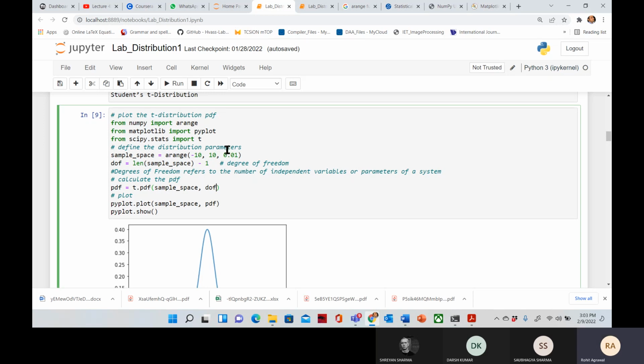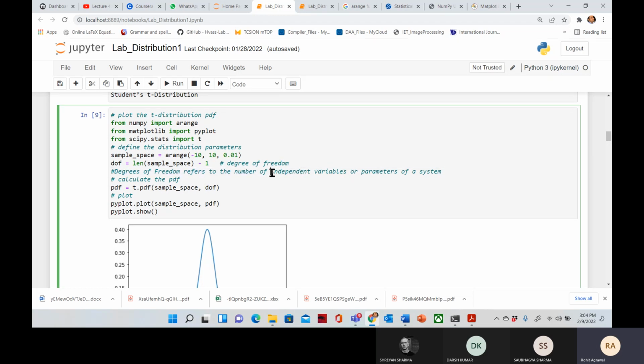So what parameters does the Student's t distribution require? The first parameter is the same, the data sample space, and the second parameter is the degree of freedom. Degree of freedom refers to the number of independent variables or parameters.